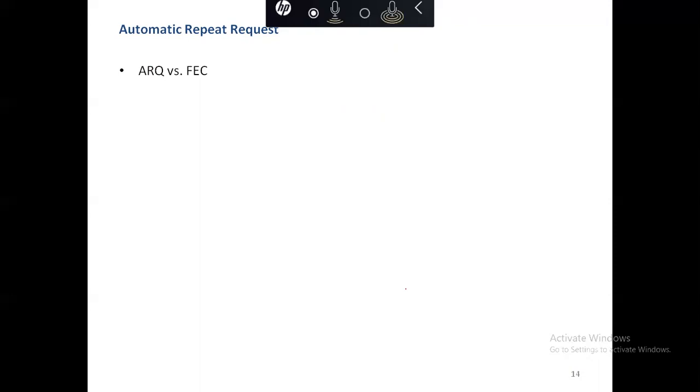So forward error correction is used in satellite communication, because the two-way uplink and downlink communication has a 540 millisecond delay, so it is not possible to retransmit in that case.